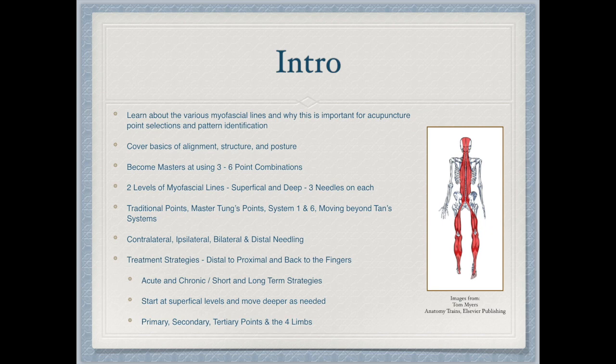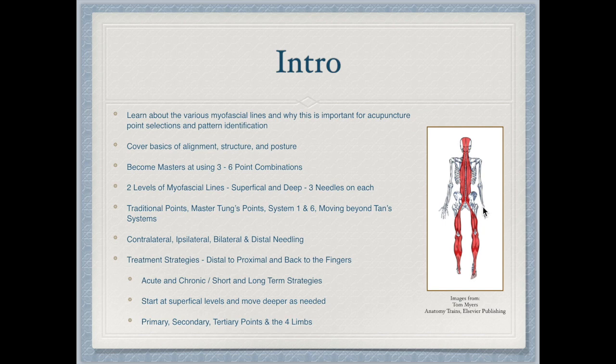So think about it this way, if this is something that's new to you. When you put a point in, it's going to stimulate a certain meridian or meridians, and it's going to stimulate a myofascial line as well as certain nerves. So why would you want to do the same points on both sides? Because you're just going to be stimulating the same meridians and the same nerves and the same myofascial lines.